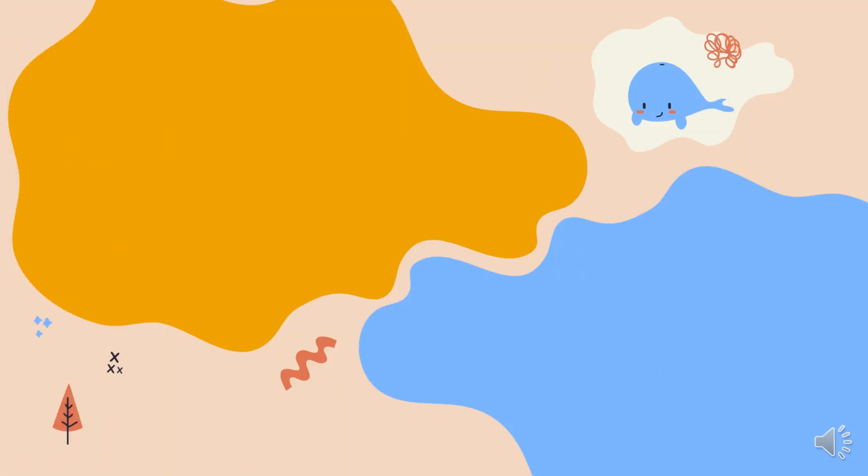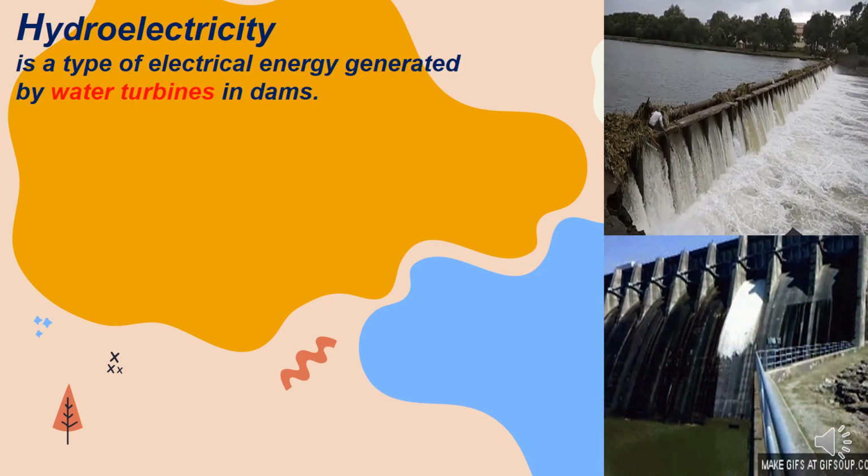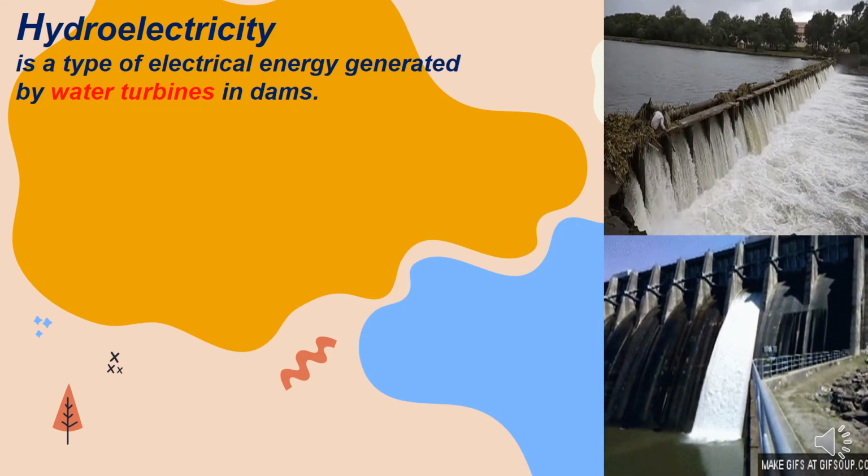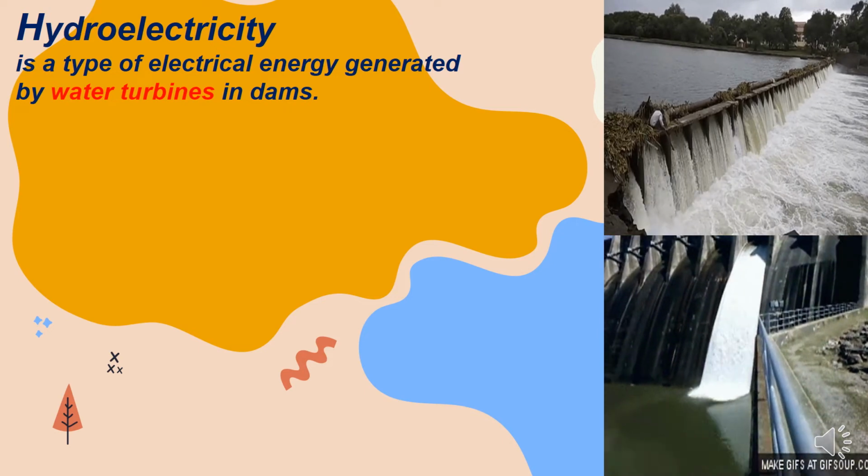Excellent. But from what we have studied, can you tell me now what does hydroelectricity mean? Excellent, grade 4. Hydroelectricity is a type of electrical energy which is generated from the water turbines in dams.